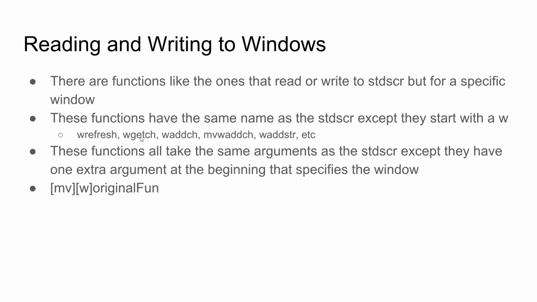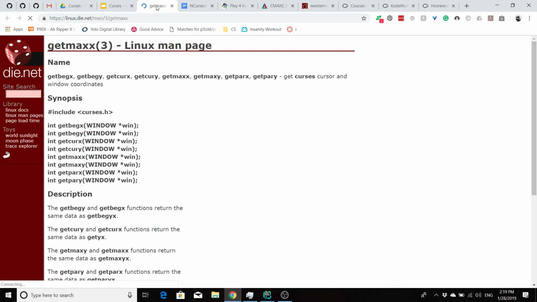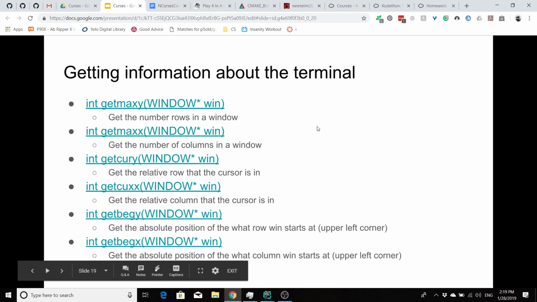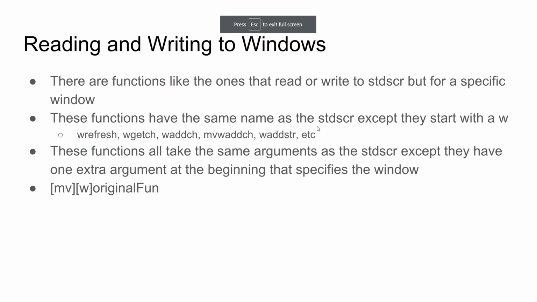But if I want to move and get a character from a particular window, it'd be mvwgetch. Or if I want to add a string to standard screen, it would just be addstr. If I want to add it to a particular window, waddstr. If I want to move and then add it to a particular window, mvwaddstr. Does that make sense in terms of the format of the instructions?